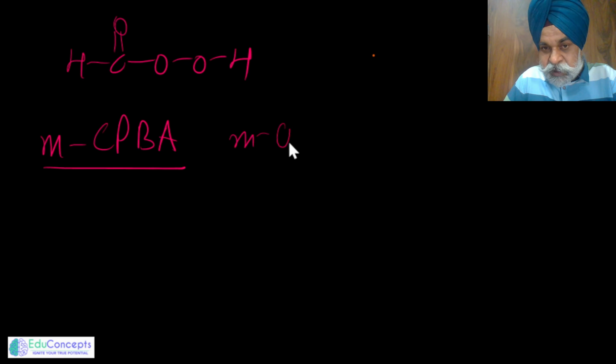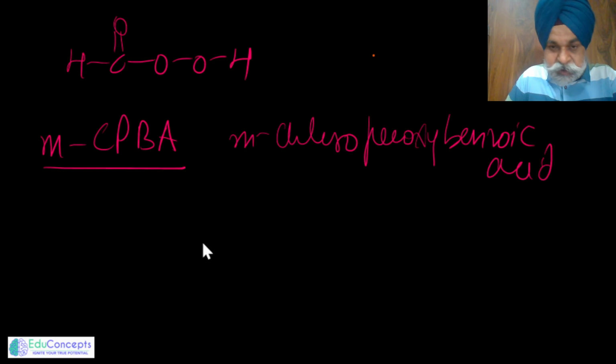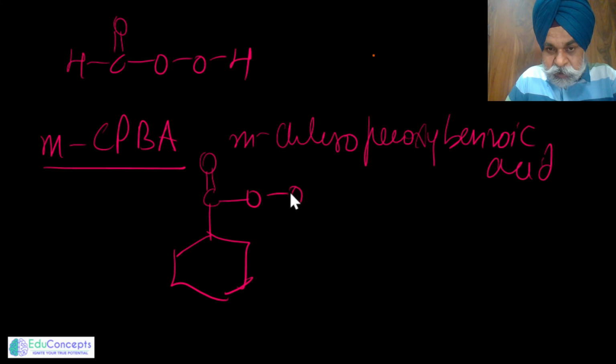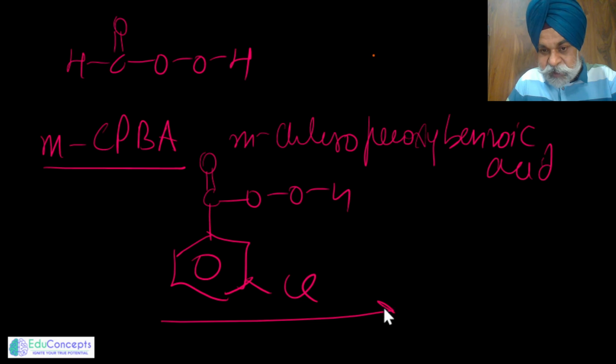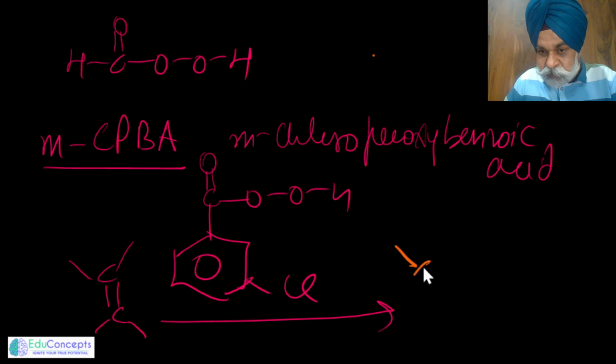metachloroperoxybenzoic acid. This is also a reagent of choice when you want to convert a double bond. If this reagent is added to any double bond, what you first get is an epoxide.